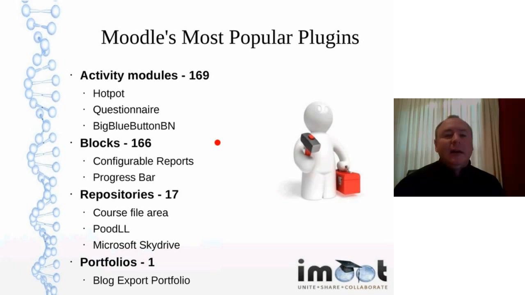Some of the more popular ones are Poodle and Microsoft SkyDrive. The most popular one, the course file area, I think came up after the transition from 1.9 to 2.0, where a lot of that work was done. Folks coming from 1.9 missed having a course file area, and so somebody wrote a repository to provide that functionality.